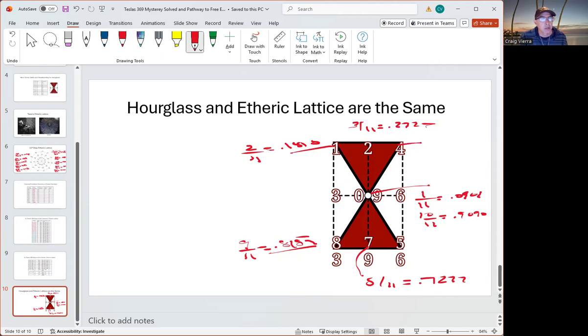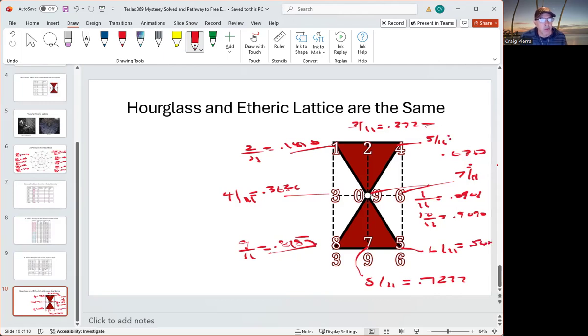And then here, oh no, the 3 here, this is 4/11ths, and the 6 over here is 7/11ths, and of course this will be 0.3636, and the 7/11ths over here is 0.6363, and then we can also go here to the 4 and 5, so this is going to be 5/11ths, and this will be down here 6/11ths, okay, 0.5454. And over here, this will be 0.4545.